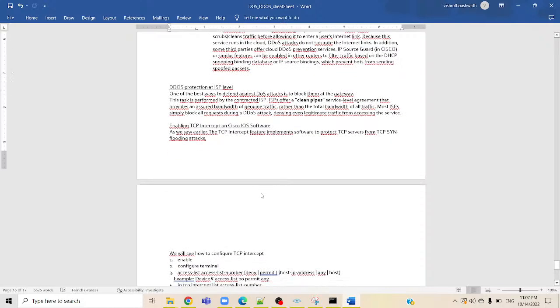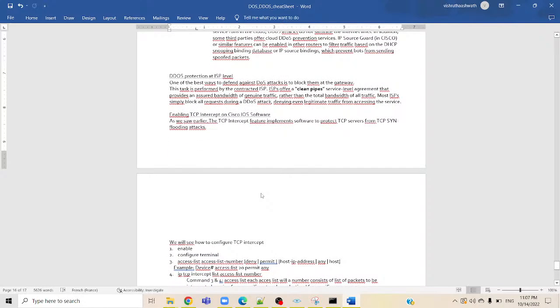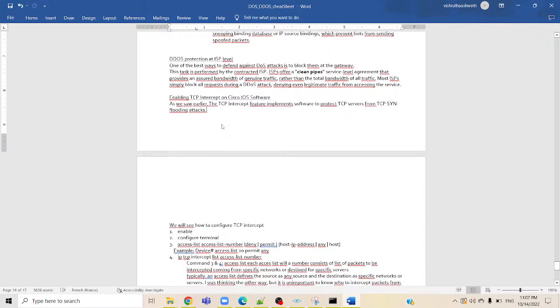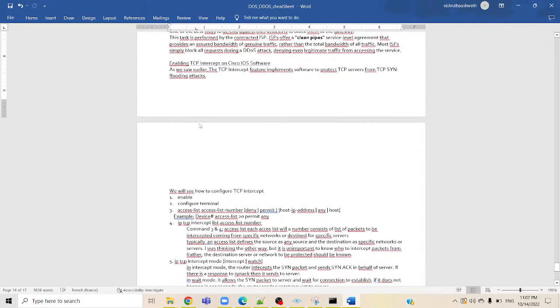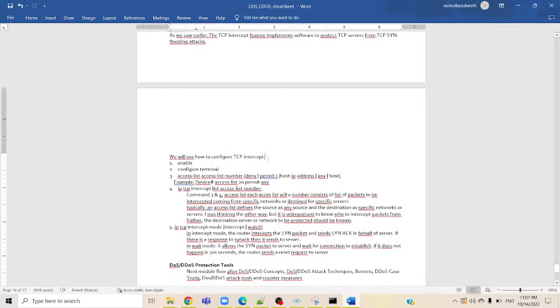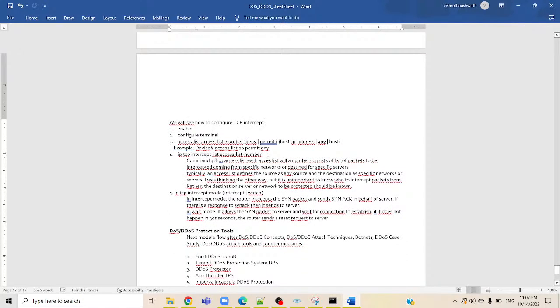Enabling TCP intercept on Cisco IOS software. As we saw earlier, the TCP intercept feature implements software to protect TCP servers from TCP SYN flooding attacks. We will see how to configure TCP intercept on the PuTTY command console.